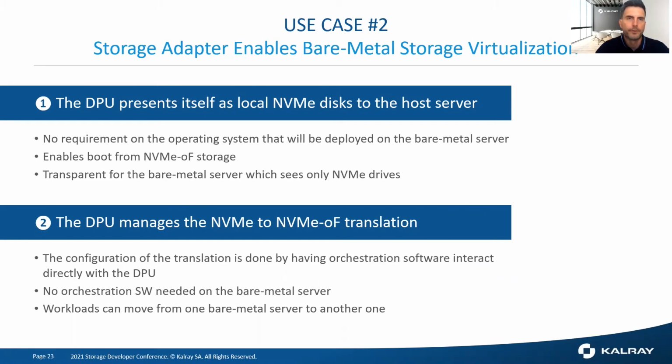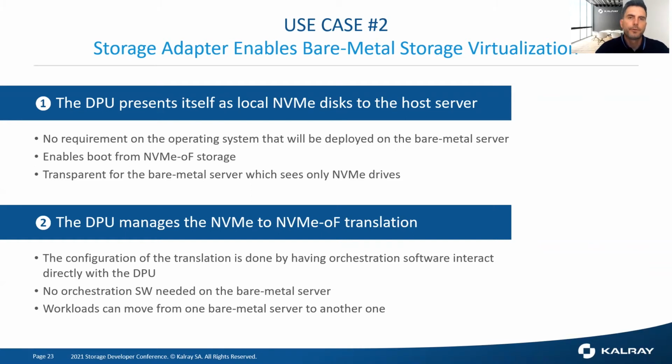So that's why we call it an adapter. The advantage of this solution is that you no longer have any requirement on the operating system, because now the server only sees NVMe, and NVMe is supported by all current operating systems. It also means that you can really exploit this mechanism to do bare metal server virtualization, basically.